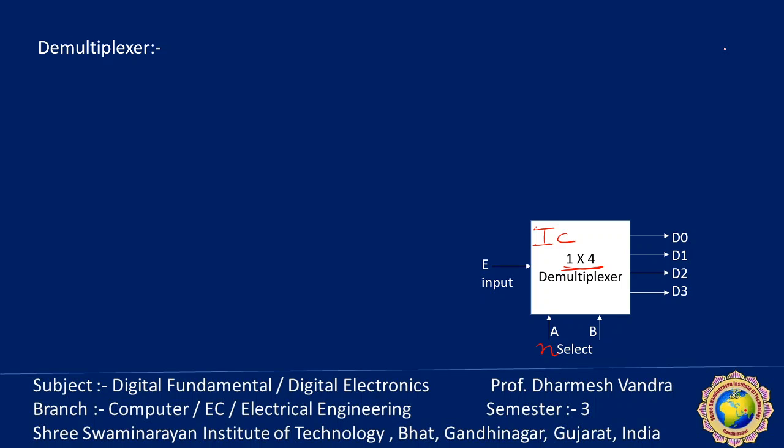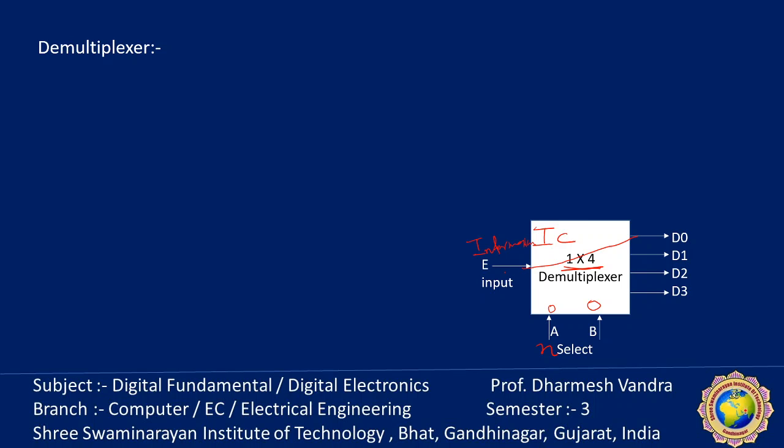Here the information is on a single line, but where this information goes depends on the selection lines. This is called the information, and the information is only one bit. Suppose the selection lines A and B are 0 0. Then whatever the information is, it is passed to the D0 line.